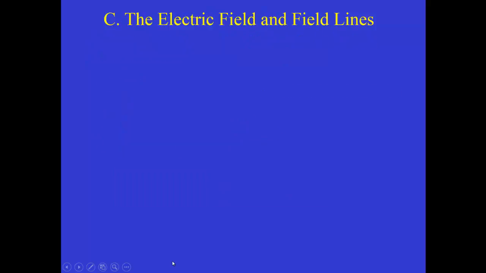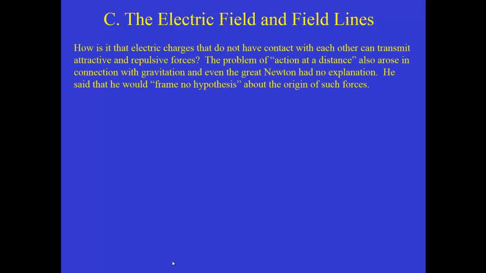Now, in talking about the force between objects that carry electric charge, a question arises because there's a little bit of a difficulty trying to envision how these charges exert forces on one another. How can they transmit forces over empty space, whether those are attractive or repulsive forces, without actually being in contact with one another?